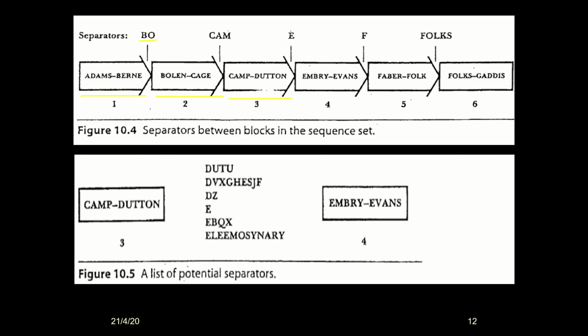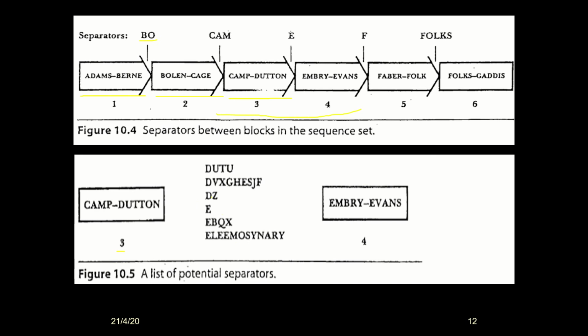Now consider how the separator is identified. We have an algorithm which is used for identifying the separator with the smallest size. Take blocks 3 and 4, that is Cam, Dutton and Embry. Here we have a list of candidate separators.